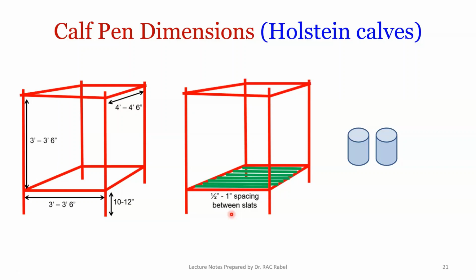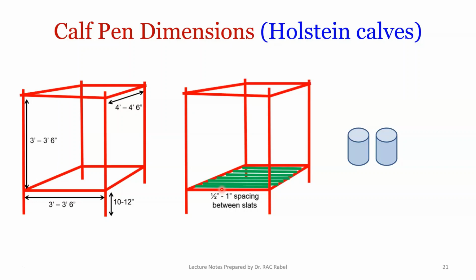Right? But the point here is they should not be too far apart, because if they are too far apart, the calves' hooves can get injured. They can go in between two slats and get injured, right? But if they are too close, then the urine will of course fall in between the slats, but the feces will stay on top.